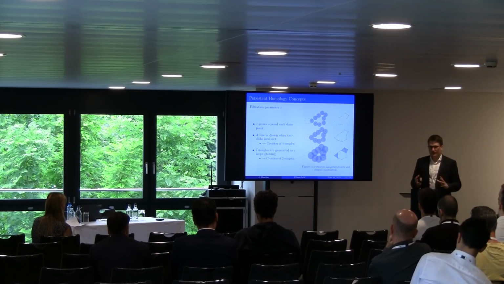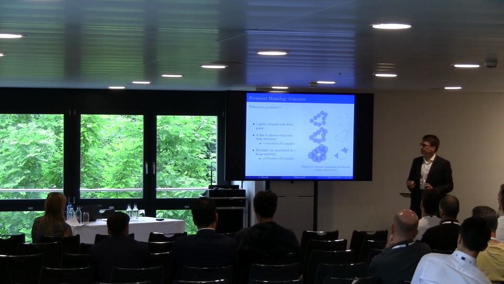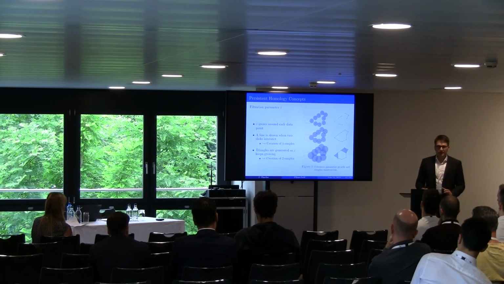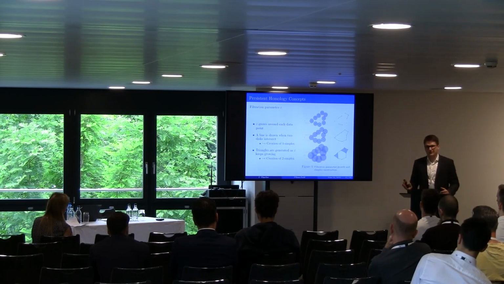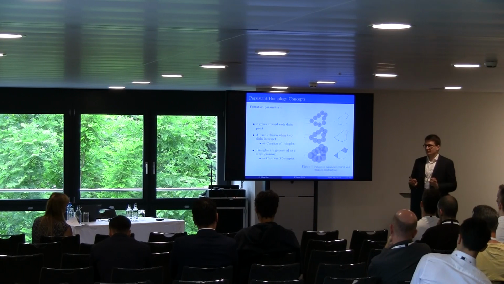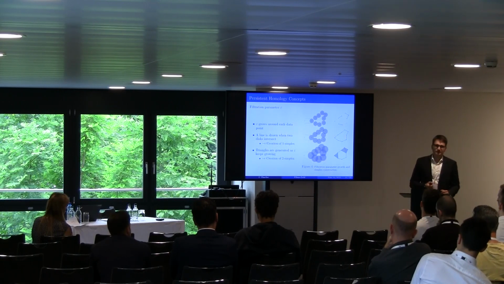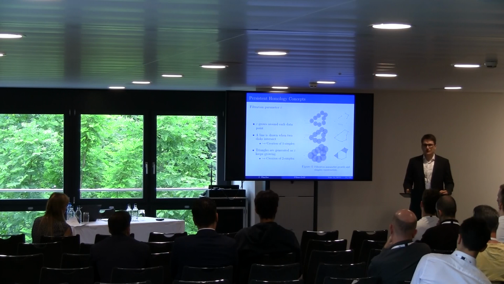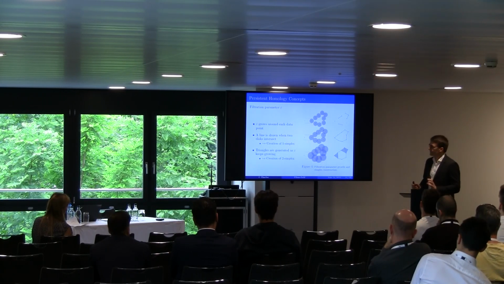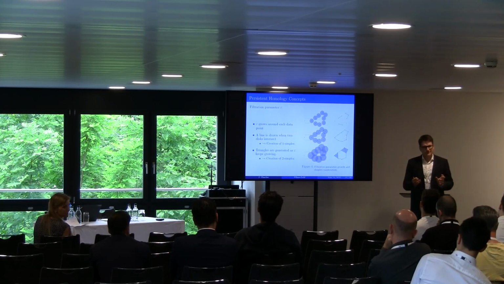And here is the core of persistent homology. You start with your data point cloud. Then on this data point cloud, you apply a filtration parameter called epsilon. So you artificially increase the size of each of your points, and you get disks.